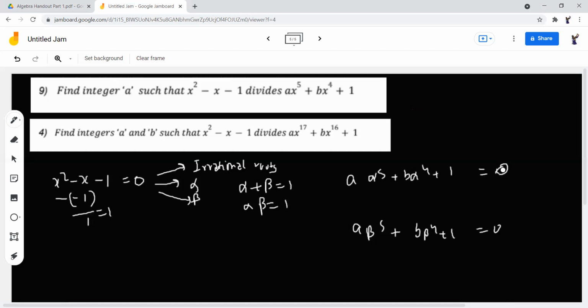These are the two equations I get because alpha and beta are the roots: when x square minus x minus 1 divides this, the roots of this will also be roots here. Because alpha and beta are the roots.